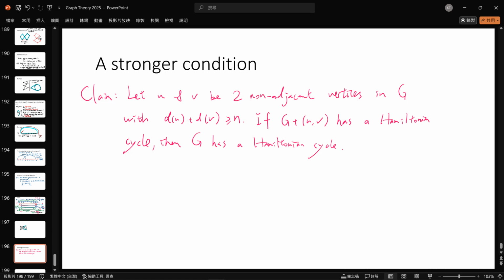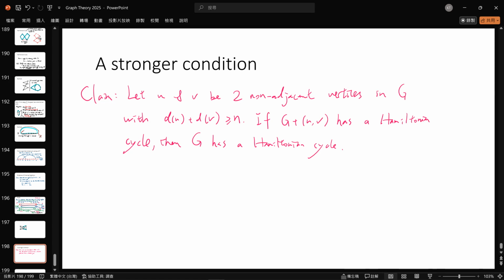Okay. So there are, I think, two questions about this claim. So first is the correctness. Okay. So why is this claim correct? And the second question is, why is this even useful? Why do we need this claim? Right?